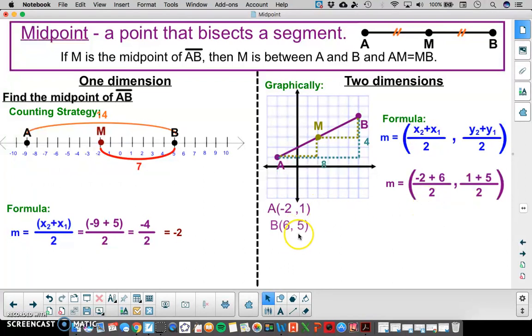Take the y coordinates of those and add them up and divide by 2. So -2 plus 6 divided by 2 and 1 plus 5 divided by 2 gives us +4 over 2 and 6 over 2, which reduces to 2, 3, which is where we counted to that midpoint.